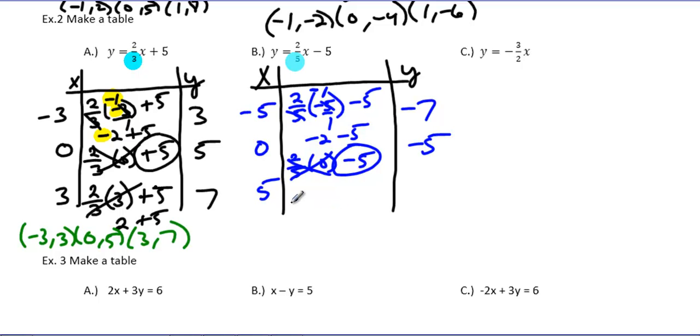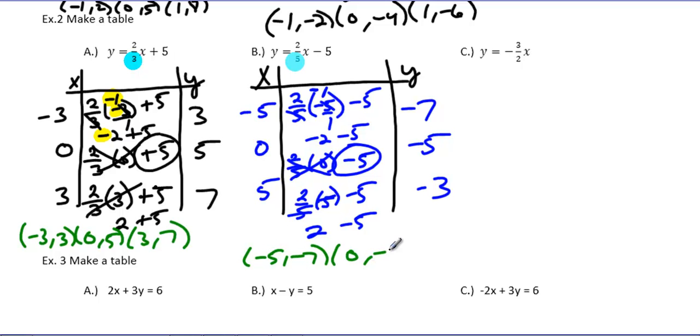Be careful with your signs there. And then the last one. So basically each problem is 3 little mini order of operations problems that we worked with first semester. So in doing that, we have our points negative 5, negative 7; 0, negative 5; and 5, negative 3.